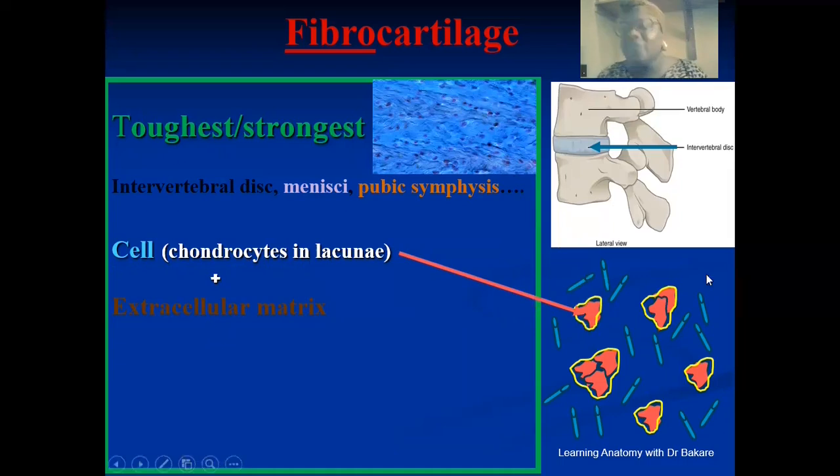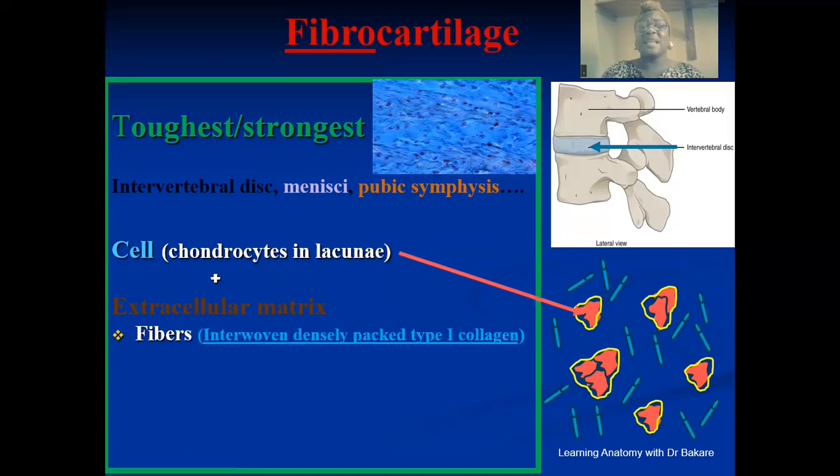So we have a number of lacunae within the fibrocartilage. For the extracellular matrix, we have fibers. The distinct type of fiber that you have in a fibrocartilage is the type 1 collagen fiber. These type 1 collagen fibers are seen to be densely packed and also interwoven. So you have high deposits of interwoven, densely packed type 1 collagen fibers.